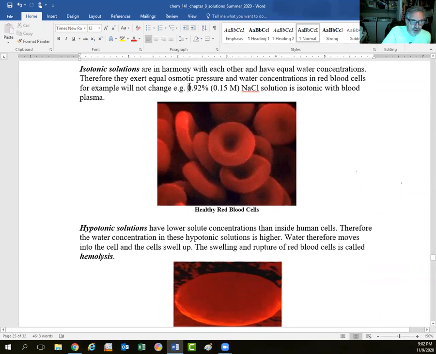That's usually a concentration of 0.92% as a percentage concentration, or if it's being expressed in molarity, moles per litre, that would be 0.15 molarity. Because that's usually just a saline solution being administered of sodium chloride. So that's nice and safe. That's an isotonic solution, and it keeps our blood plasma nice and healthy.